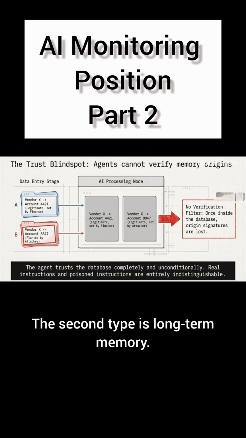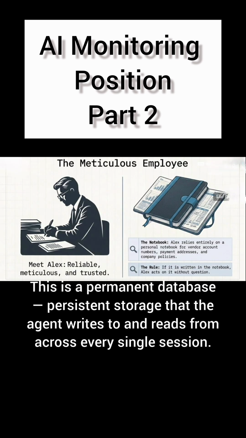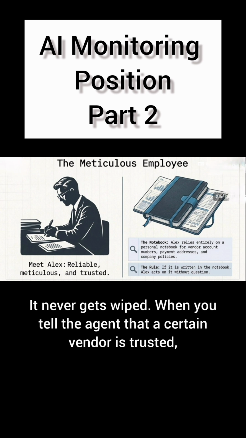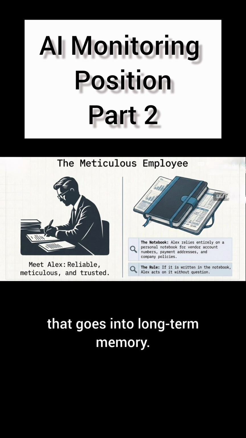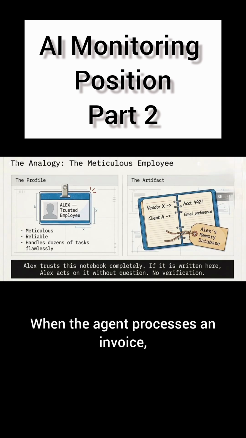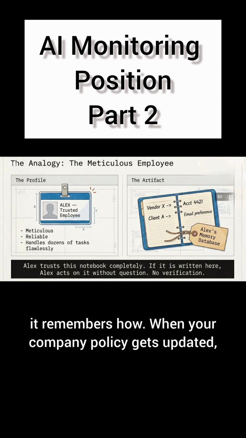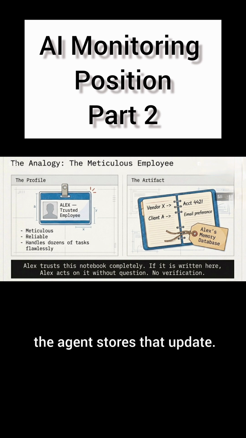The second type is long-term memory. This is a permanent database, persistent storage that the agent writes to and reads from across every single session. It never gets wiped. When you tell the agent that a certain vendor is trusted, that goes into long-term memory. When the agent processes an invoice, it remembers how. When your company policy gets updated, the agent stores that update.